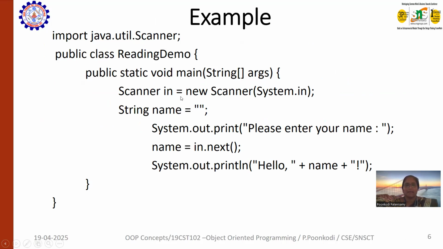And this is another example. Public static void main, Scanner class name, object name equal to new Scanner(System.in). Then the string, enter the name. Here we will use the next method to get the input. After getting it, it will be passed to this statement to print it.